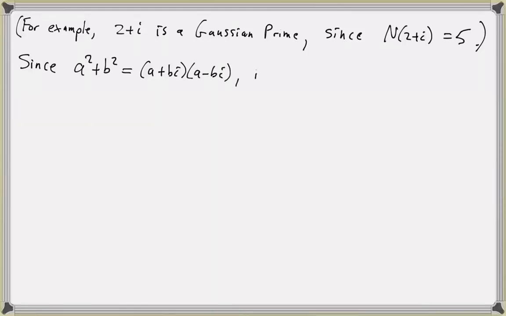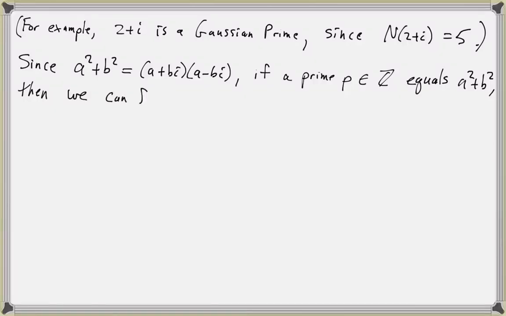So if a prime p in the integers equals a squared plus b squared for some integers a and b, then this equation actually produces a factorization of the prime p in the ring of Gaussian integers.